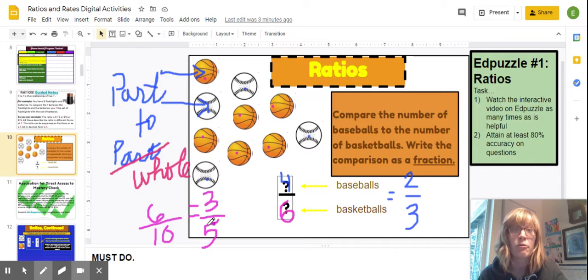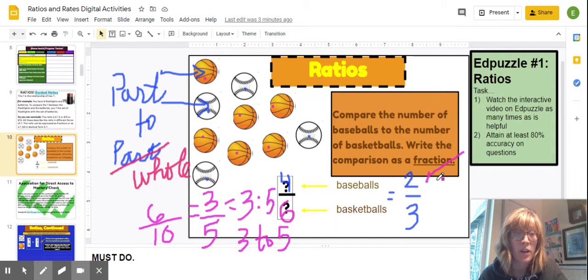It can be written in fraction form. It can also be written as a 3 to 5 comparison. It can also be written as a 3:5 ratio. The same can be true for our part to part comparison. We could write it with a fraction like we did, with a colon, or with the word to.